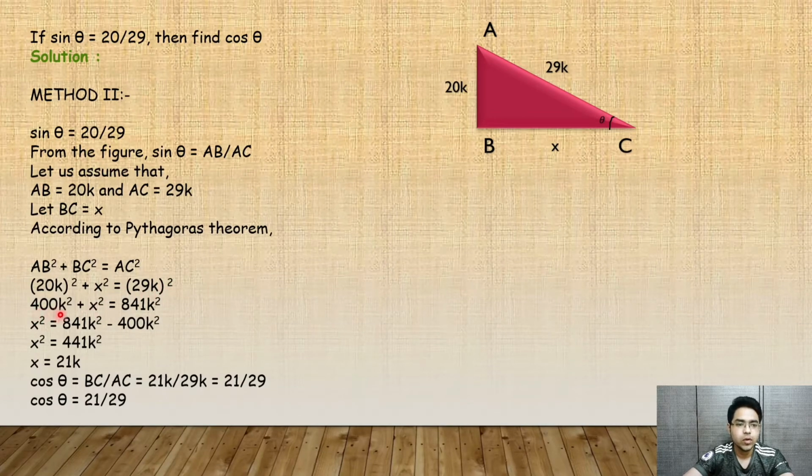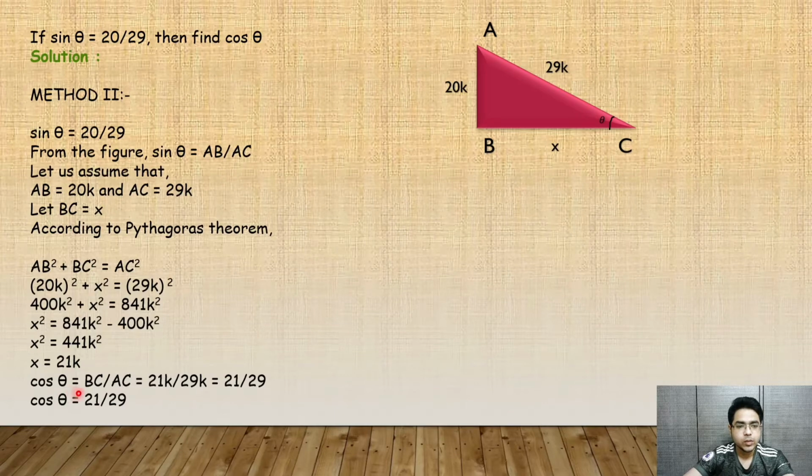So we will be getting 400k square plus x square equal to 841k square. So x square will be equal to 841k square minus 400k square. Here k square is common, so we can take it out, and we can subtract 400 from 841. So now x square will be equal to 441k square. So by taking square root on both sides, we'll be getting x is equal to 21k.